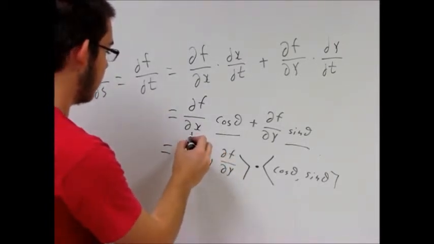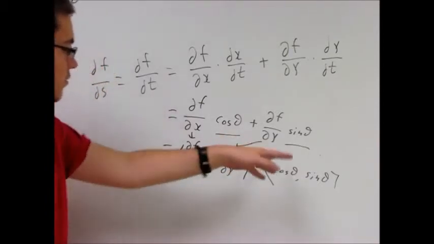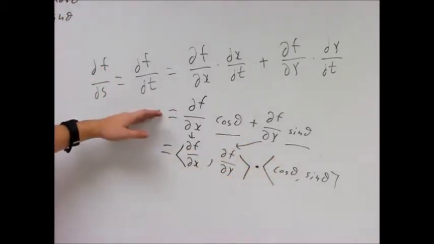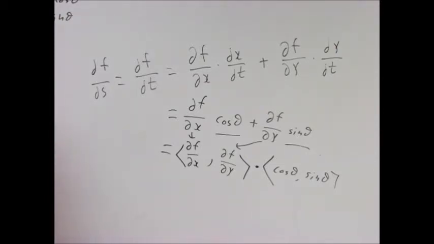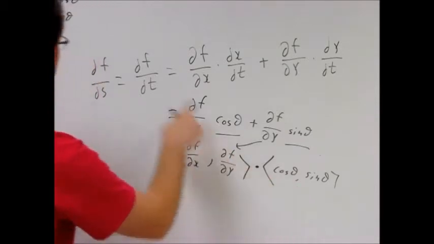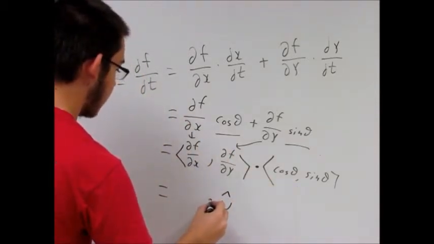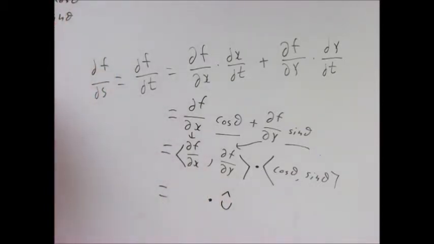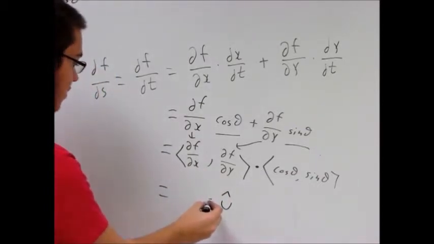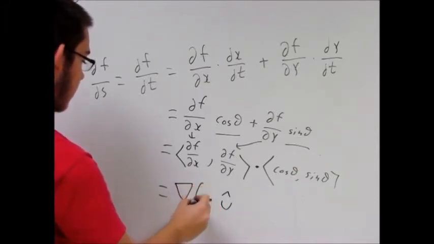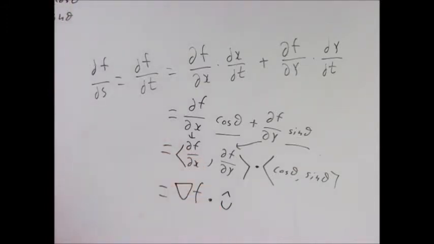These are here and there, and we see that these two are equivalent by definition of dot product of two vectors. And we know this is just our unit vector that we began with dot product, and this we talked about a few lessons ago is the gradient of f, which is just the vector of the first partial derivatives.